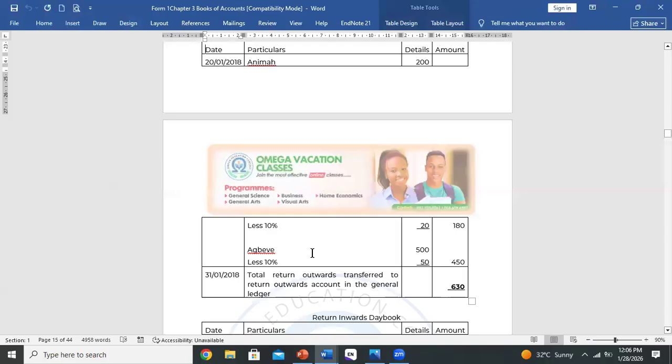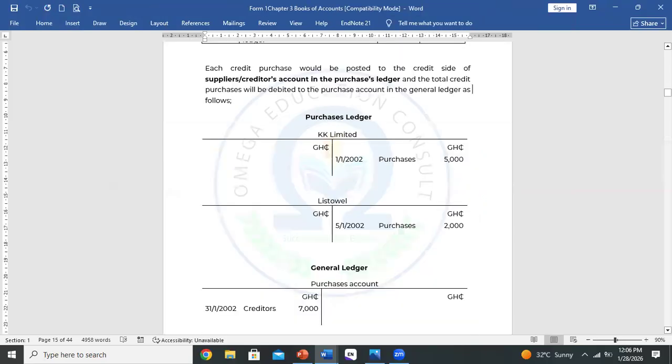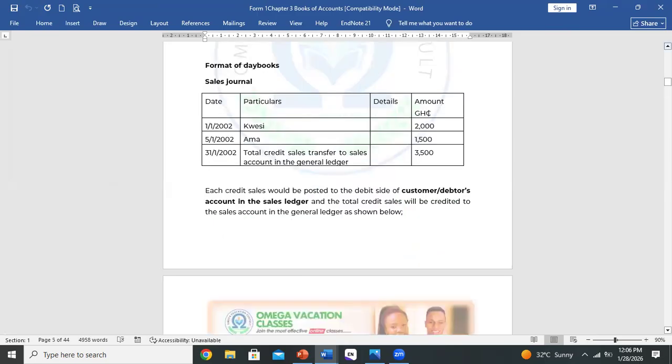Let me go up. Prof, is it this sales ledger you are talking about? Yes, please. Can you go over it, with the postings again?